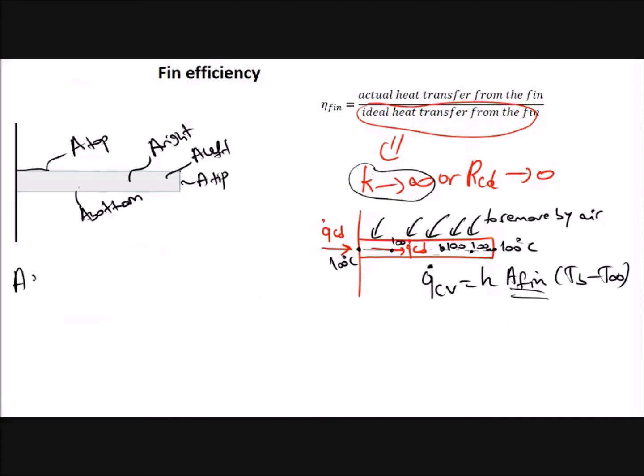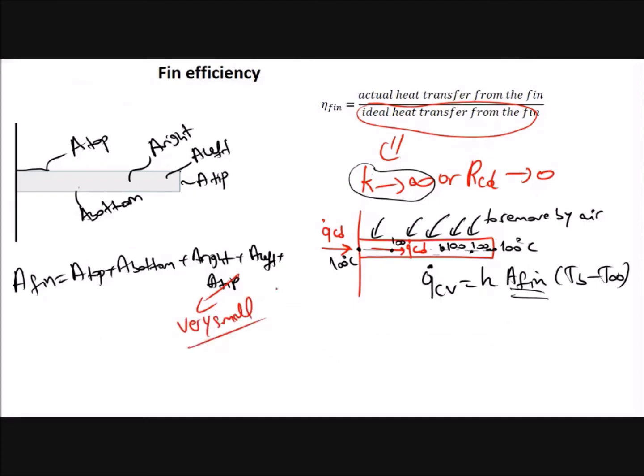Fin area means area top plus area bottom plus area right plus area left plus area of the tip. But most of the time, the area tip is 0 because it is very small, so you can neglect it.